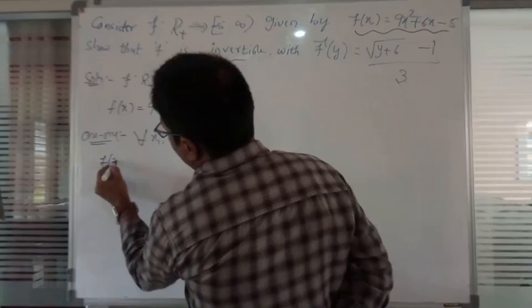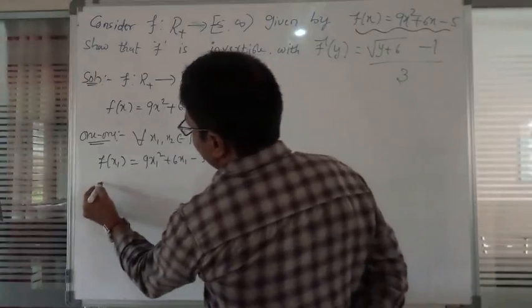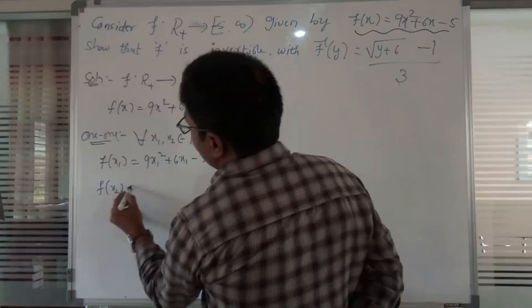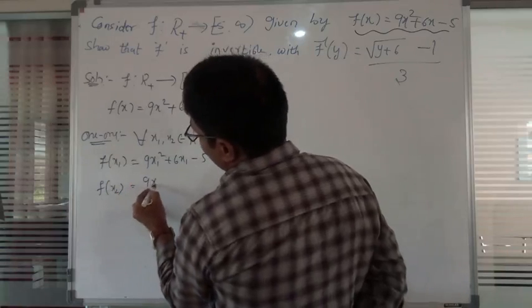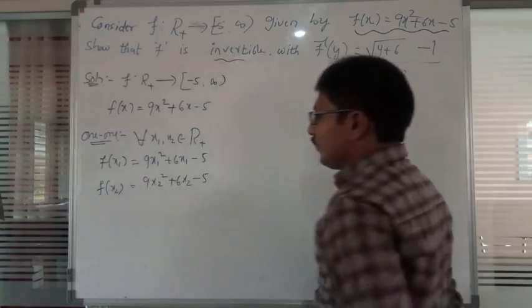In the placement of x, fill x1: 9 x1 square plus 6 x1 minus 5. In the placement of x, keep x2: 9 x2 square plus 6 x2 minus 5.